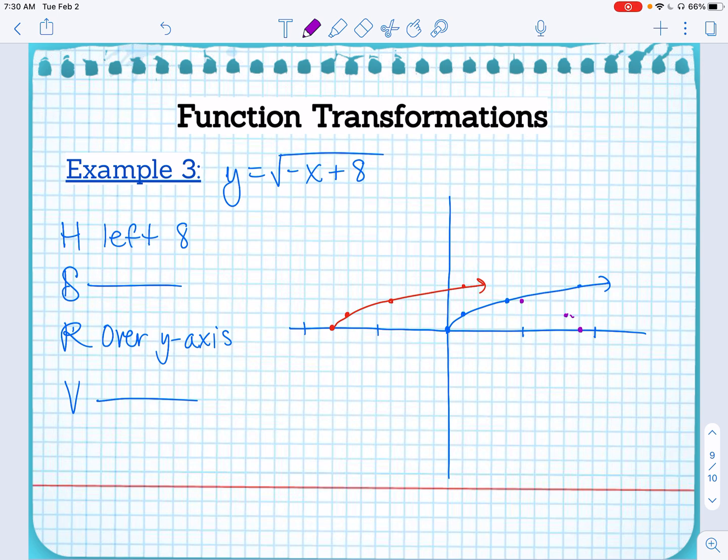Oh, put my vertex at the wrong point there. Go back a step. Okay. So this goes over here. This starting point of my square root, not really my vertex, but my starting point for my square root, is at negative 8, 0, so it would reflect over here to 8, 0.